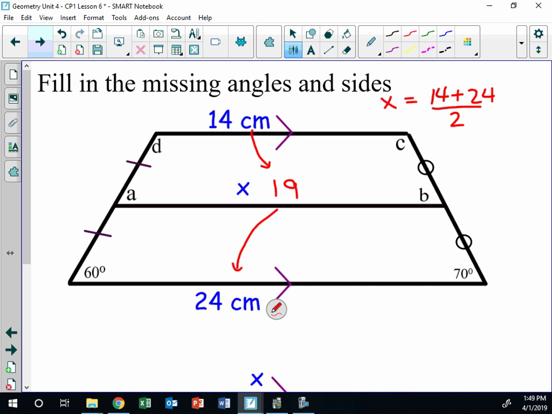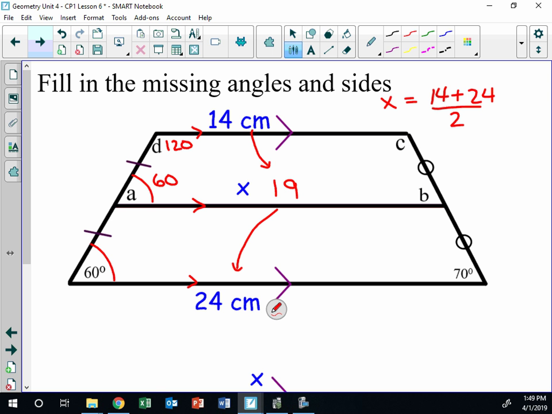And now if we think back to our properties of trapezoids, if we have parallel lines and the mid-segment is parallel, then we can use that to find all of our missing pieces, knowing that on any side of a trapezoid there can only be two possible angles, and those angles have to be supplementary.